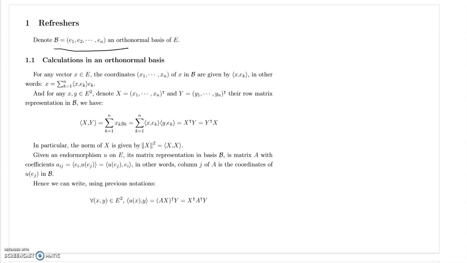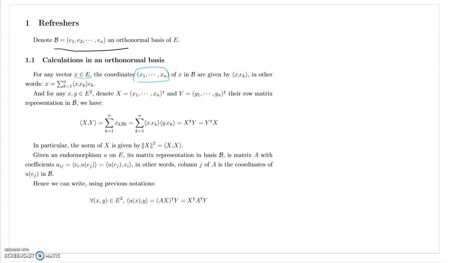So just very quick calculations in this orthonormal basis, which was the previous chapter, but I want it to be very clear for everyone. Any x that belongs to that space has some coordinates. Your space, let's say, has dimension n. We know it has finite dimension, so let's settle that it has dimension n.